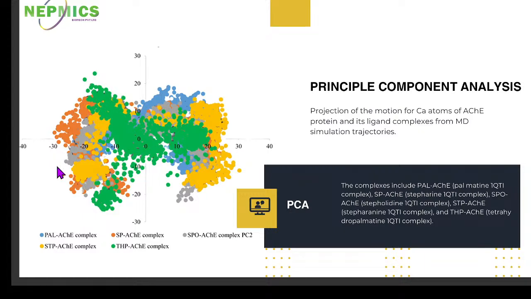But in case of stepharine, you can see it has been scattered through different quadrants, not only 3, 4 as well. So it means the protein has a great conformational flexibility, and that doesn't mean that it is unstable, because we have already proved from RMSF, RMSD and different other plots that it has quite good stability.